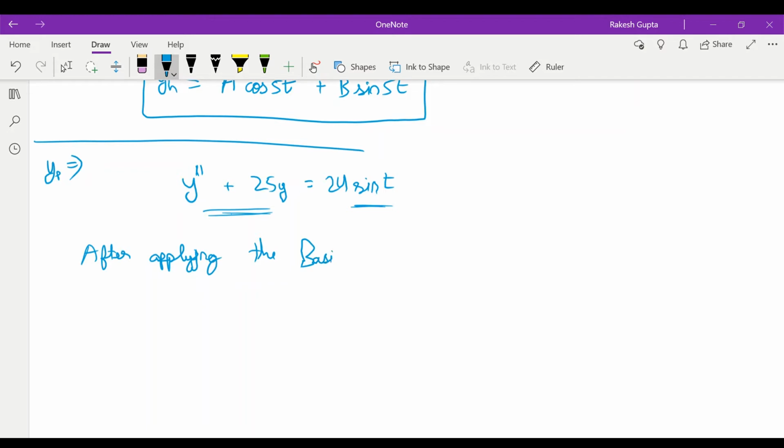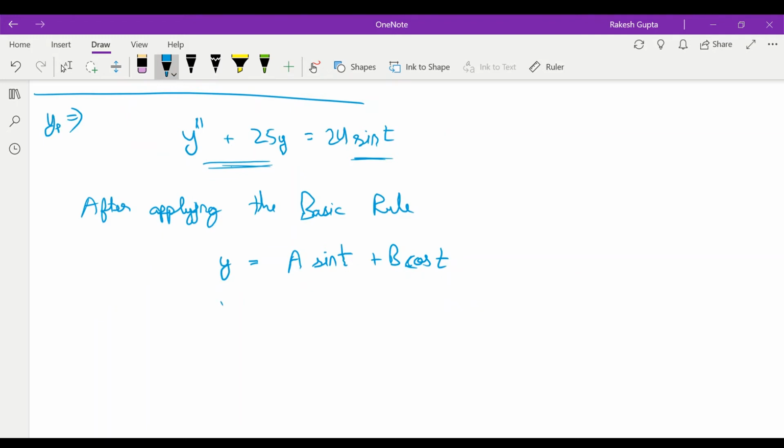we get the general solution as y is equal to a sin t plus b cos t. Now we'll differentiate this with respect to t. Again, differentiating with respect to t.